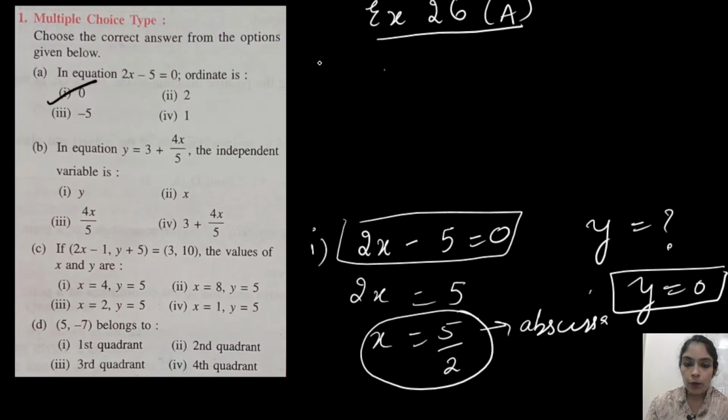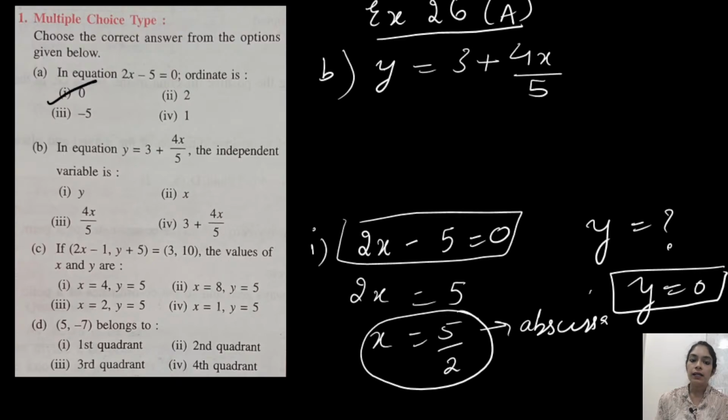The second one is very important, very easy. In this question, the equation given to us is y equals 3 plus 4x by 5. We have to mention the independent variable.